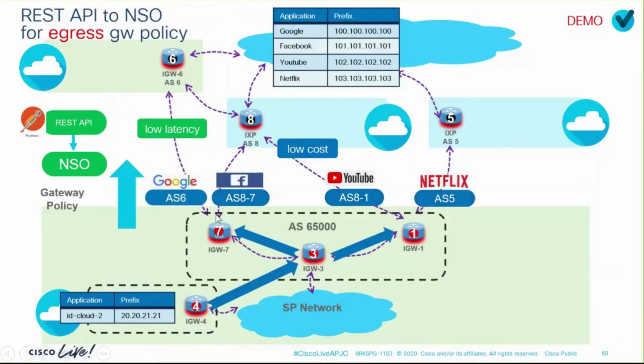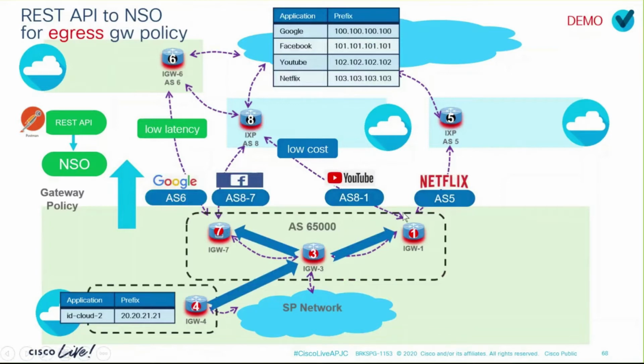Here we can see the outgoing policy for Google through OS 6 and YouTube through OS-1, all together using REST API rather than clicking them one by one.